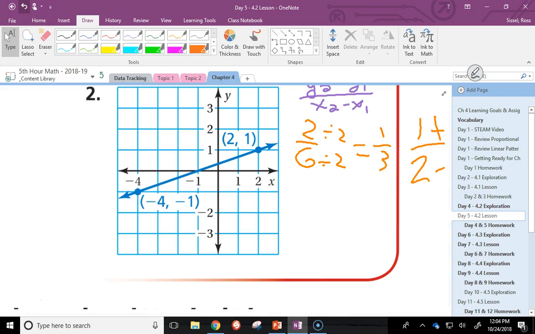If I was to choose this one point here, and I follow my line, I'm going to look for another coordinate point, and I'm going to look for one that crosses the grid lines evenly.